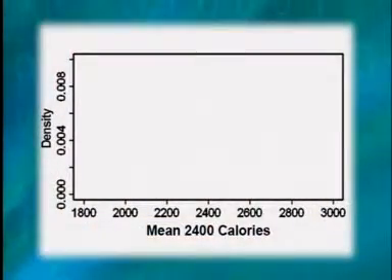So now in our minds, when we think about the null hypothesis that the 2400 is the average intake of calories for the average American male, we don't know the standard deviation of the caloric intake of the adult American males in the whole population.